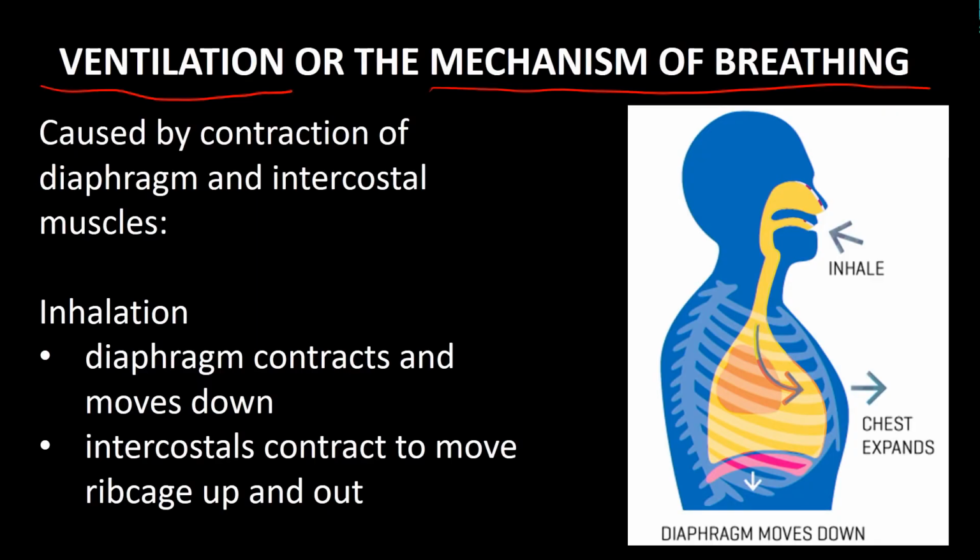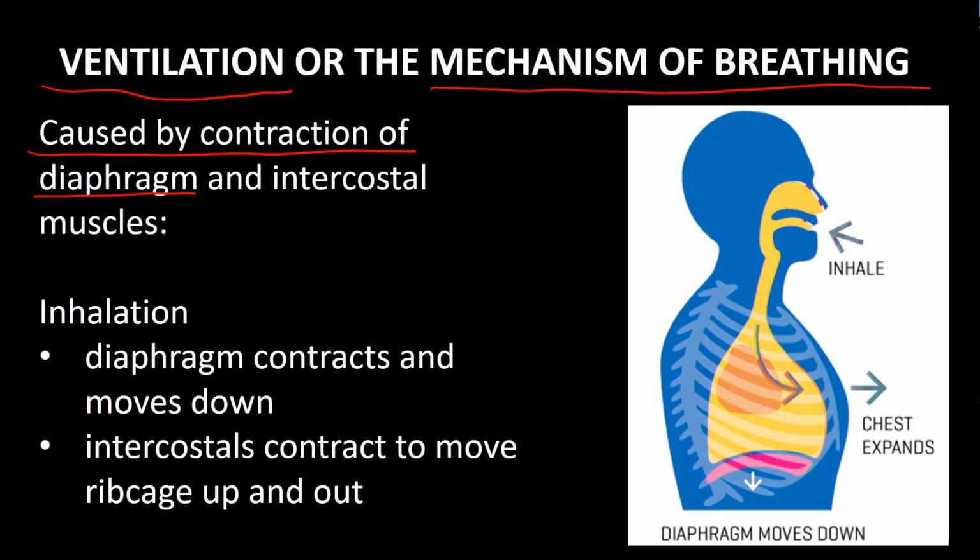First of all, the mechanism of breathing is breathing movements, and these are caused by contraction of the diaphragm. And remember from your studying of the different parts of the respiratory system, at the bottom, separating the thoracic and the abdominal cavity is a muscle called the diaphragm.